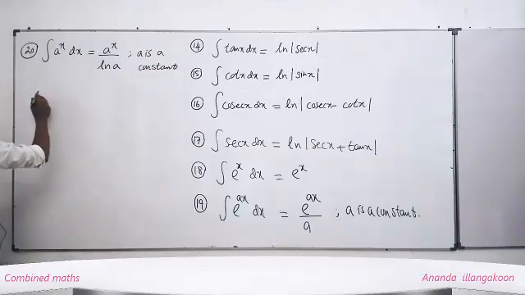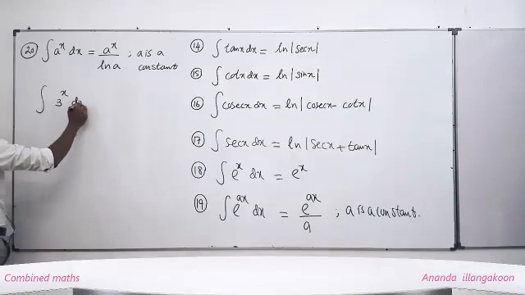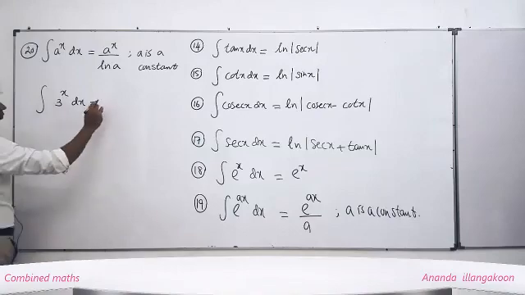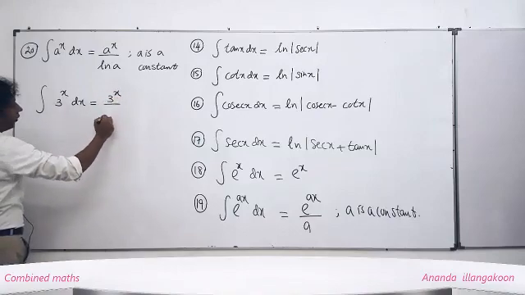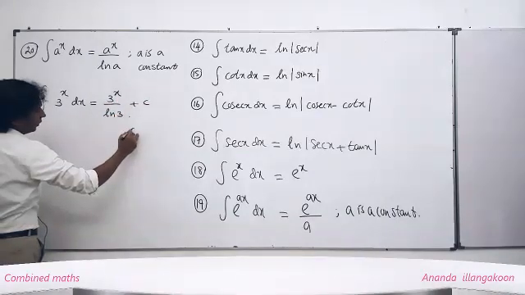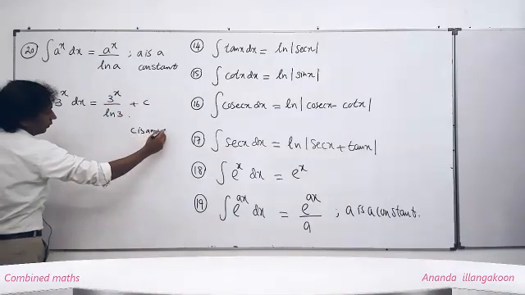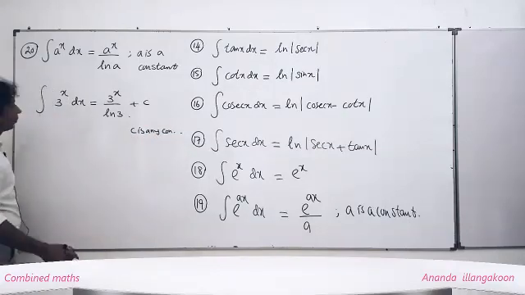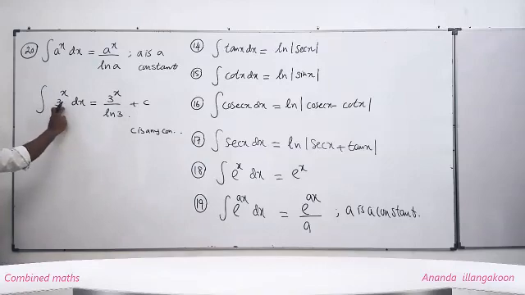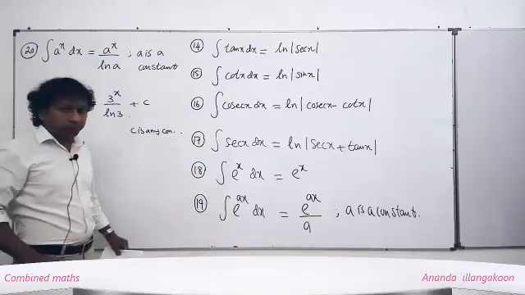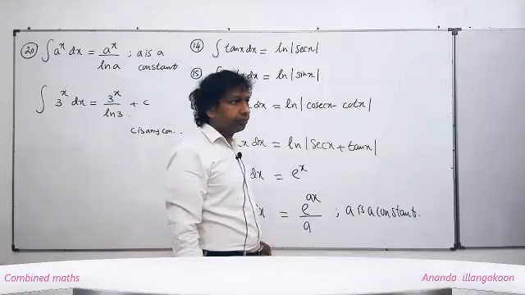That means, for example, integrating 3 to the power x dx gives 3 to the power x divided by ln 3 plus c. C is any constant. Right. The proof of this we should know. We'll discuss that through a question, right?